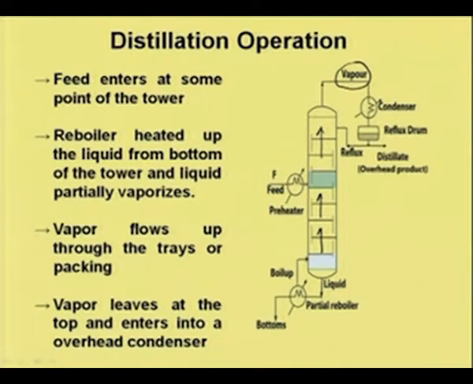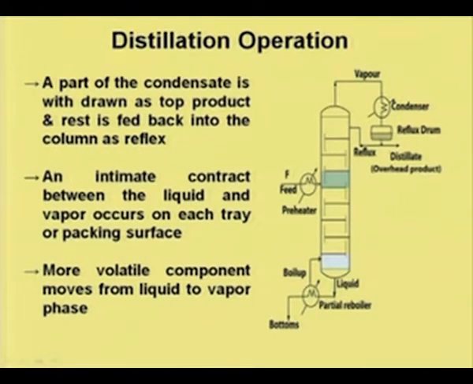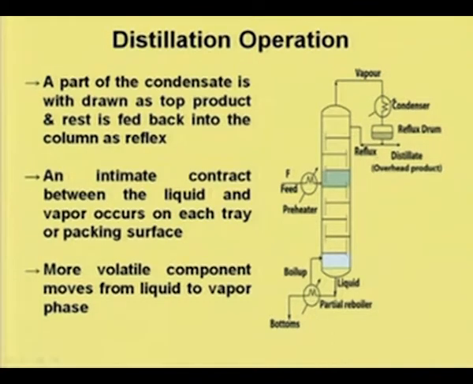and there is an overhead condenser, and then it reaches the distributor. We call it the reflux drum, which separates the vapor and liquid mixture. A part of the condensate from this reflux drum is recycled back at the top, and the rest is taken as the product.